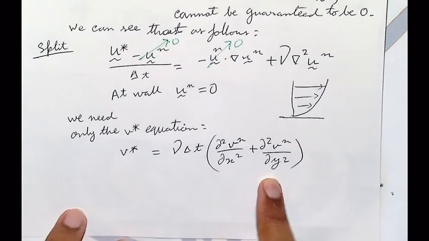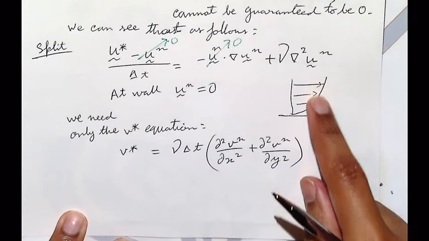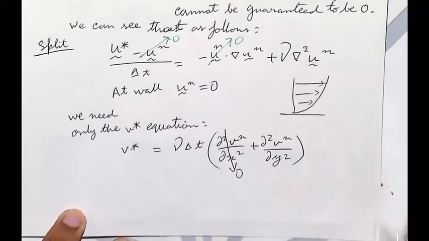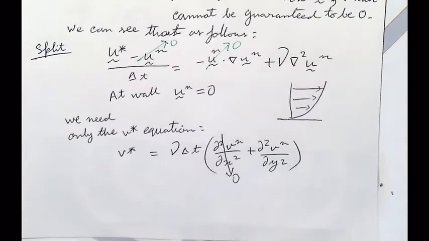So you cannot assume that the second derivative in the y direction is 0, but this is a fair assumption. That's actually an assumption we use when we derive the equation for the boundary layer. Okay?